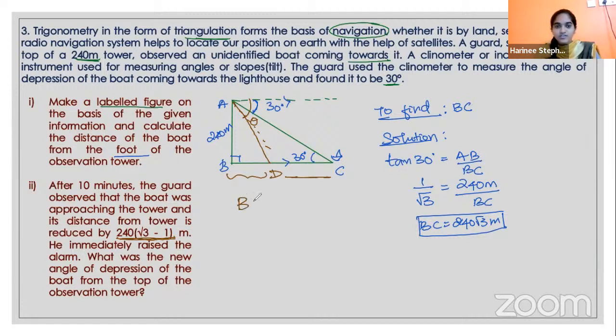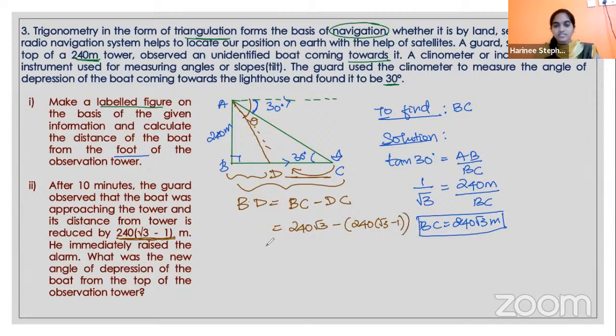BD is what we need now, the base. BD is equal to BC minus DC. Can you all see how it works? First, we know what is BC, and the boat has moved from C to D, which means we are reducing the length of DC. So BC was 240 √3 meters minus DC, which is what is given now, 240 into √3 minus 1.